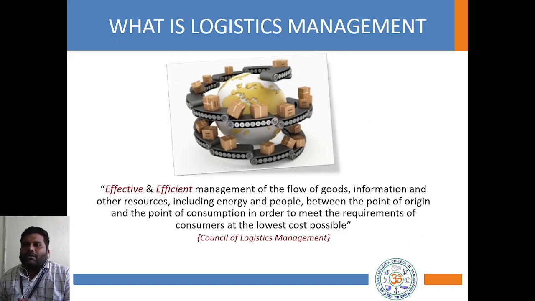So we have seen logistics. What is logistic management? It is effective and efficient management. Effective means it has to be much more powerful, to a punch, and efficient in a financial manner also. So it is effective and efficient management of the flow of goods, information, and other resources, including energy and people, between the point of origin and the point of consumption, in order to meet the requirements of the customer at the lowest cost possible.